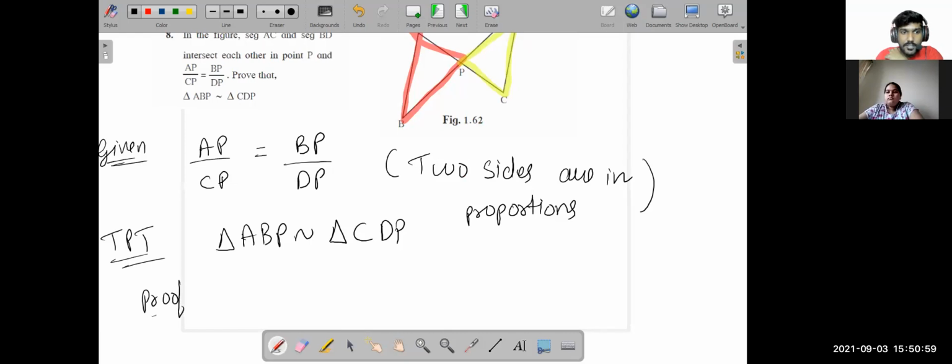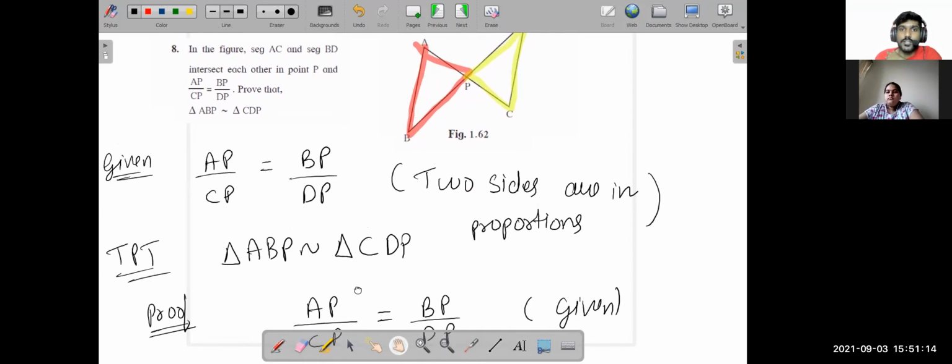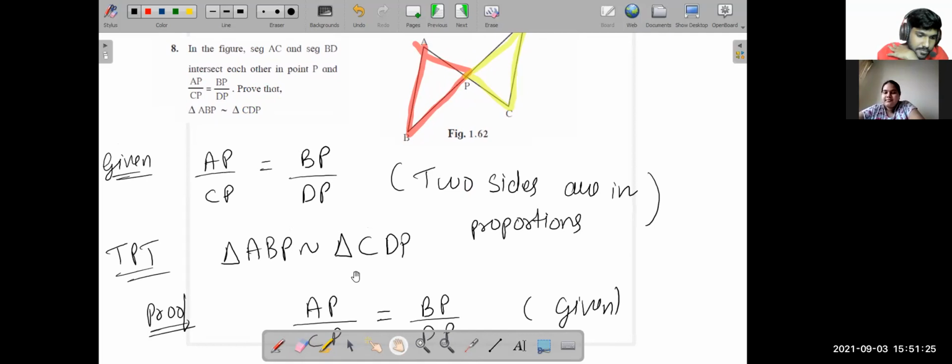In these two triangles, firstly, AP upon CP is equal to BP upon DP. This is given. Now, what angle is congruent to each other? Can you see vertically opposite angles?